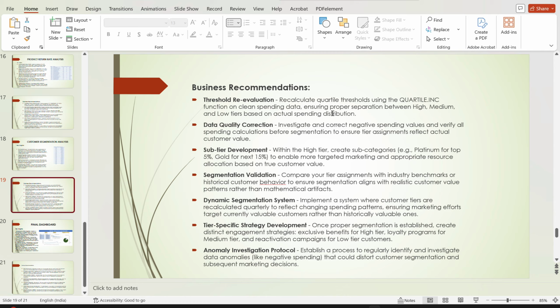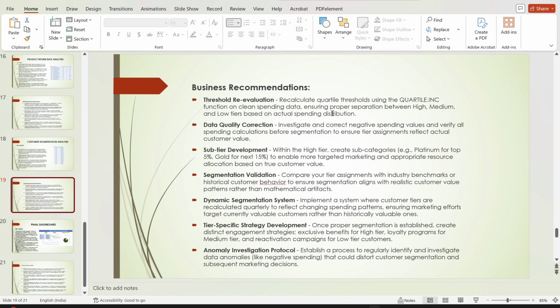Investigate and correct negative spending values and verify all spending calculations before segmentation to ensure tier assignments reflect actual customer value. Sub-tier development. Within the high tier, create subcategories, for example, platinum for top 5%, gold for next 15%, to enable more targeted marketing and appropriate resource allocation based on true customer value.